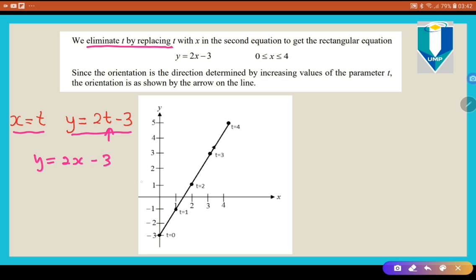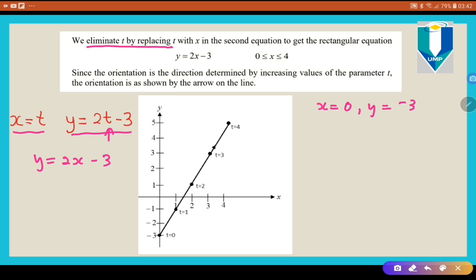So we can just plot several points. Probably we plot, let's say, when x is equivalent to, now the x value is from 0 to 4. So we can plot when x is equivalent to 0. When x is equivalent to 0, y is equivalent to negative 3.